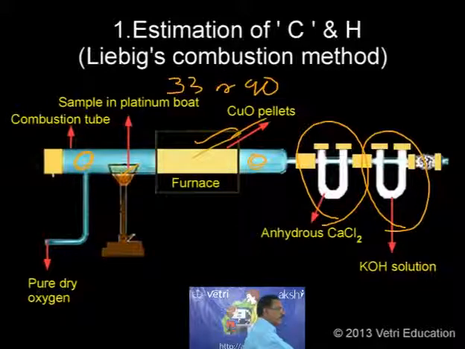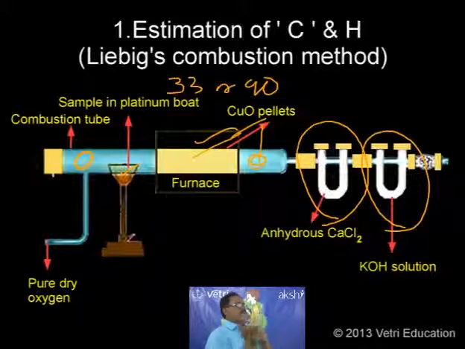When you are heating, the copper oxide converts carbon into carbon dioxide and hydrogen into water. Even backward diffusion will be prevented by the copper oxide pellets. So when we are heating, carbon is converted into carbon dioxide and hydrogen into water.